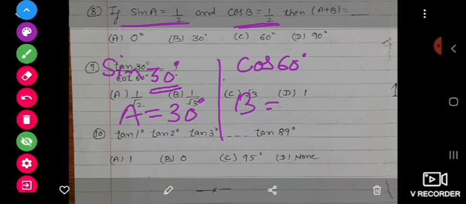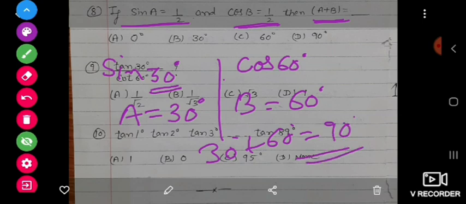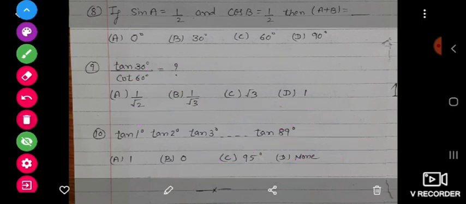Then if you compare, this will be 60 degree. Then what is A plus B? 30 plus 60 is 90 degree. This 90 degree is your answer.